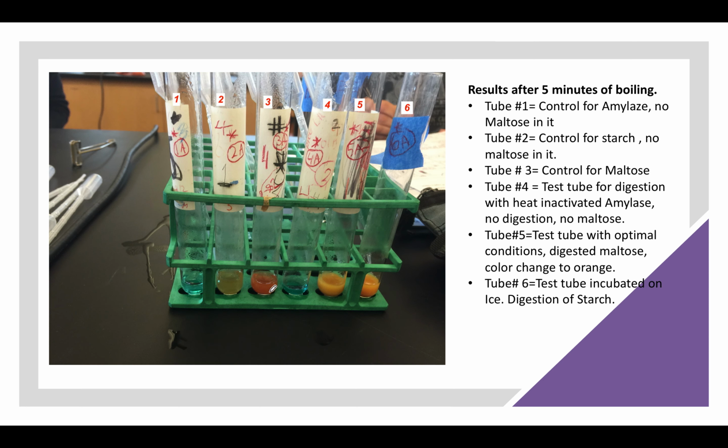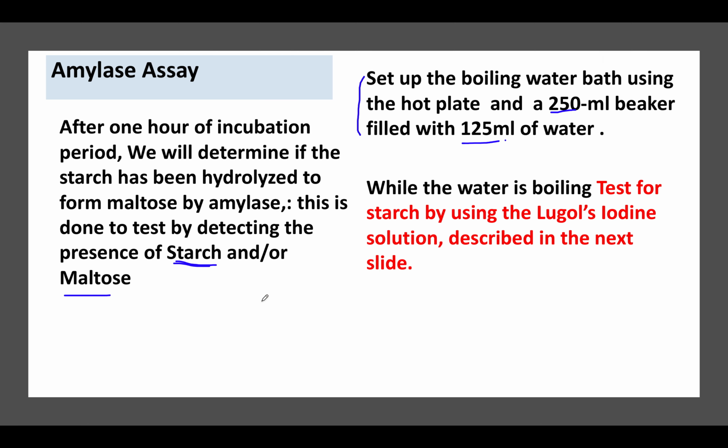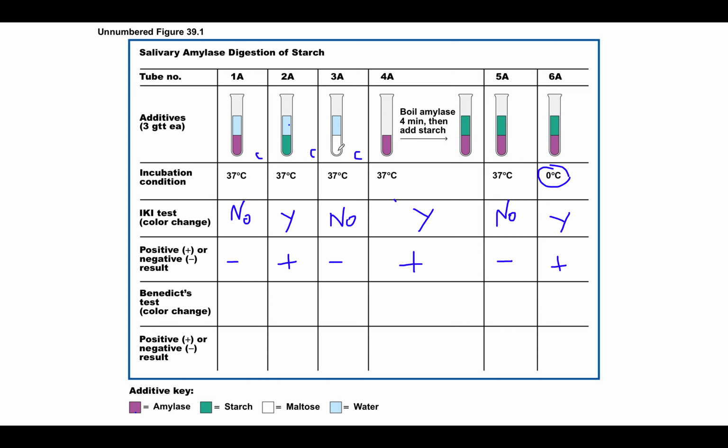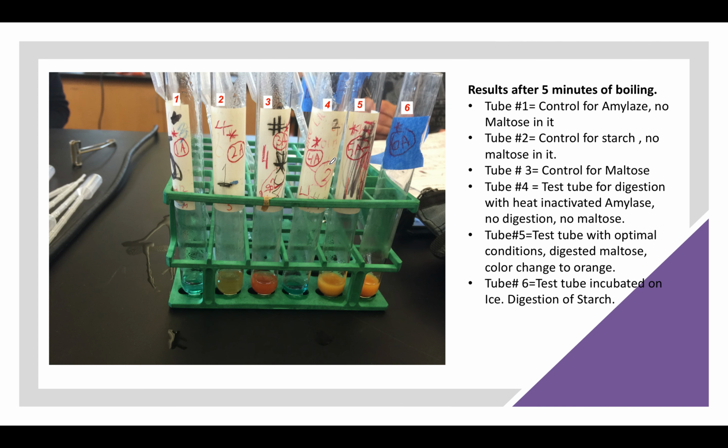This is our control for maltose. Remember, in tube number 3 we added maltose. So when we put Benedict solution, we expect a lot of color change. When there is a big concentration of maltose, it turns red.